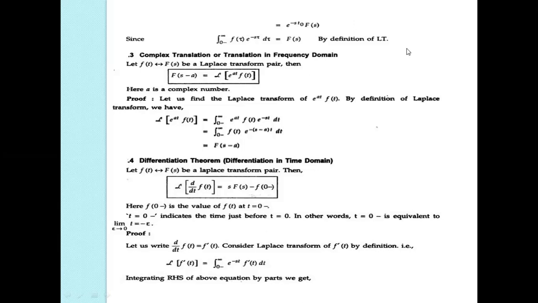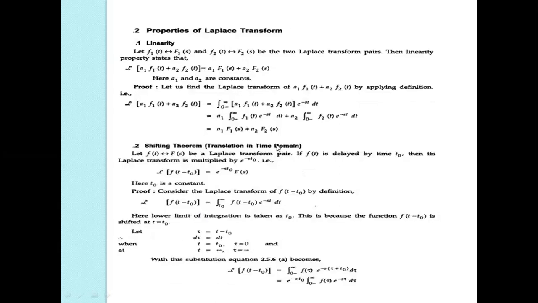What we got in the time domain was the time shift property, saying that for t minus t naught, the sample is shifted in the time domain, and the frequency domain is multiplied with the negative exponential e power minus s into t naught. But now there is a change in s here.